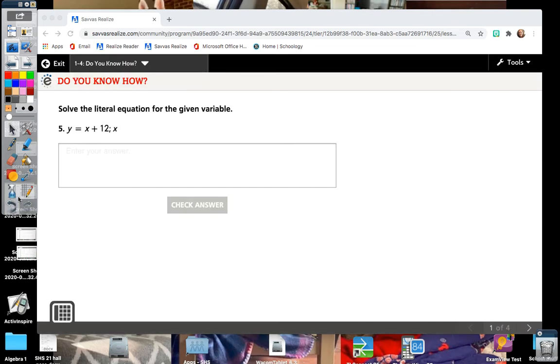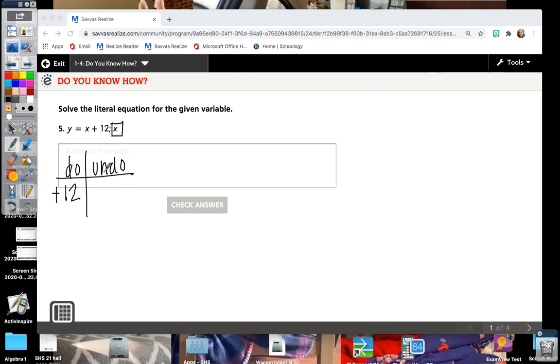So we just want to solve the literal equation for the given variable. So we have y equals x plus 12. We want to solve for x. So if we do our do-undo table, what's happening to x? Well, there's nothing with x being multiplied, but there's a plus 12 out to the side.